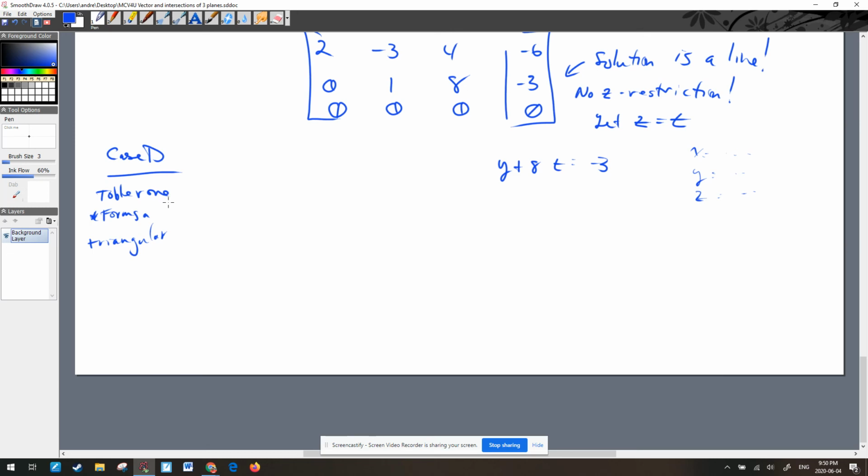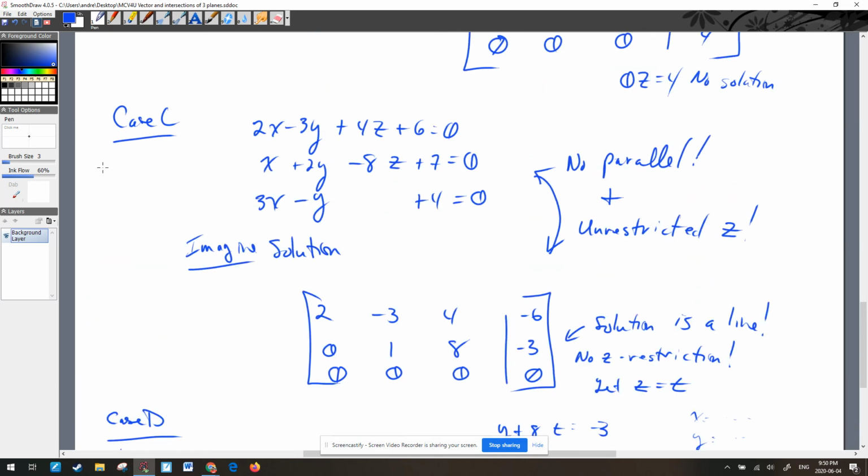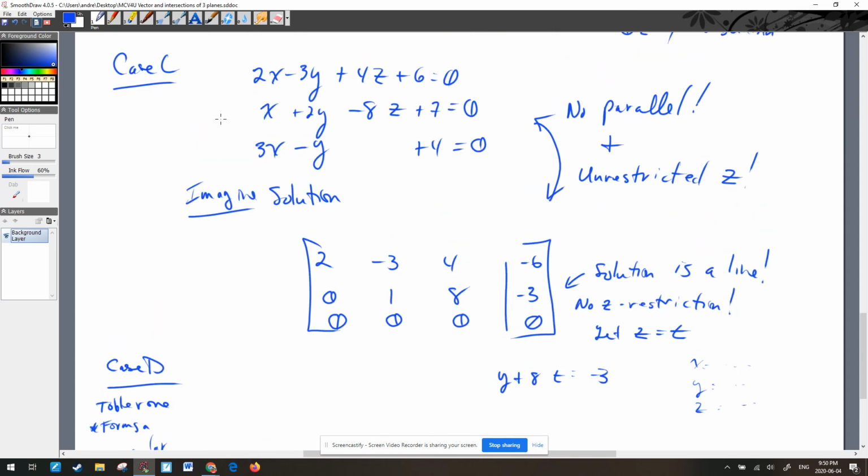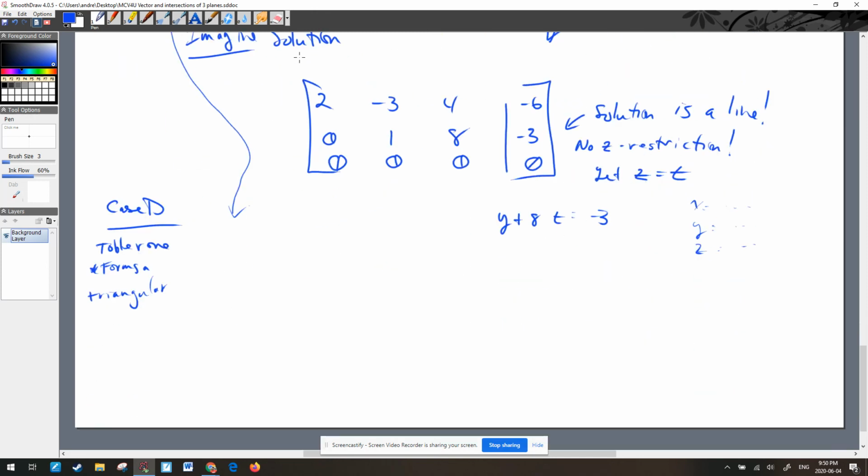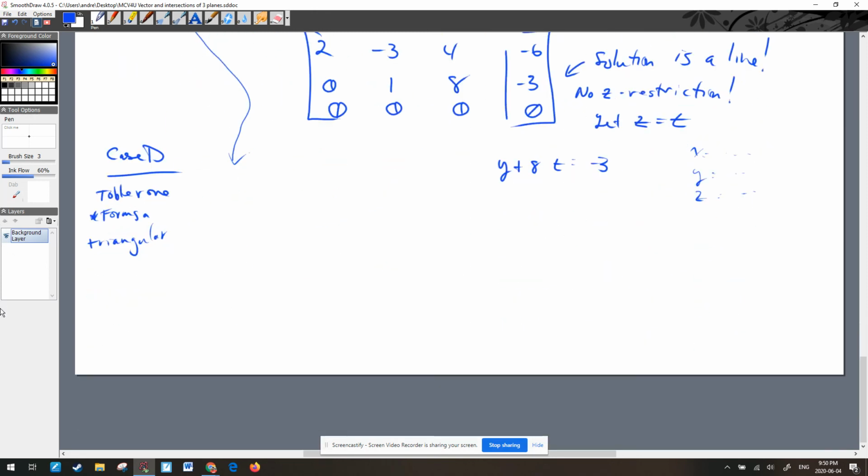So case D is going to look the same. For the sake of saving time and space, it would have three non-parallel planes, and then you would do the reductions. If you reduced case D, it would reduce differently.